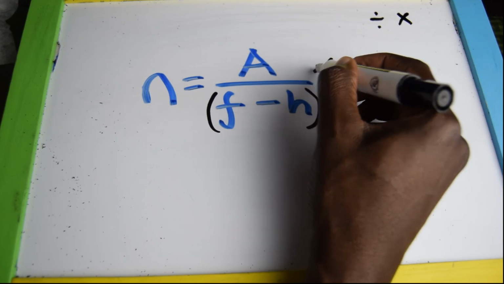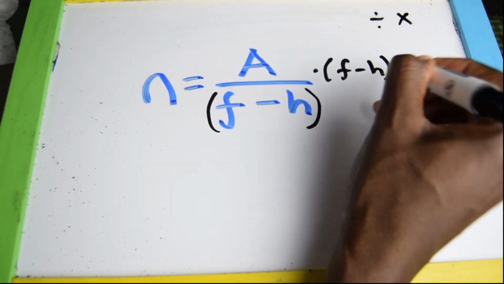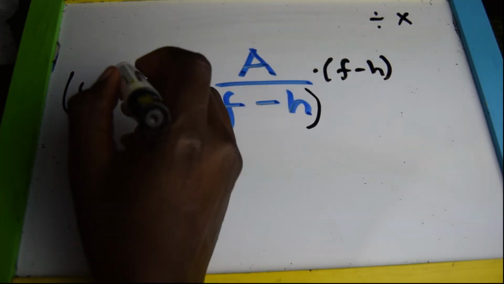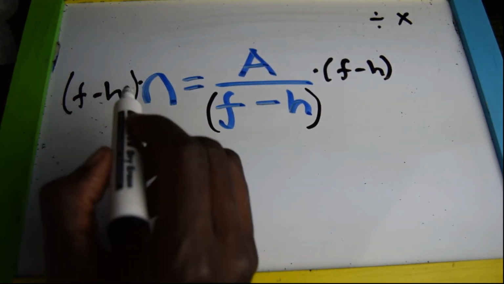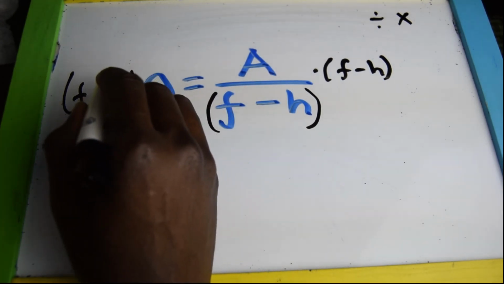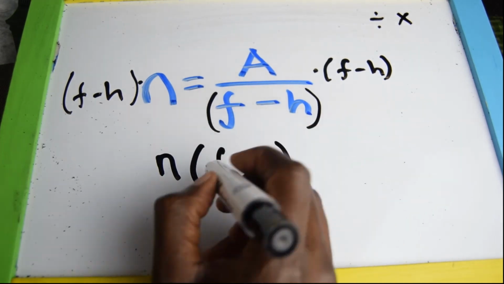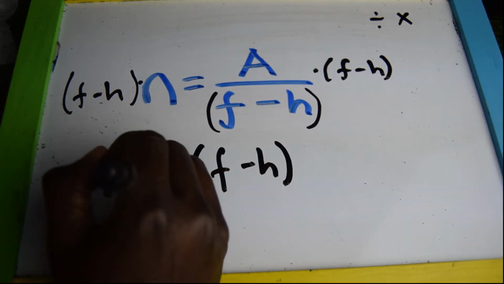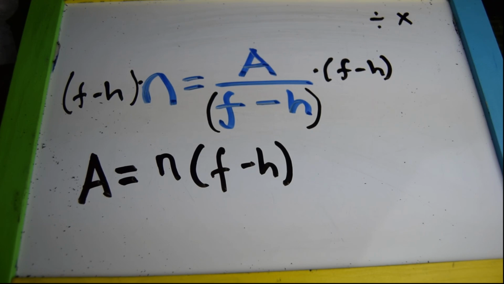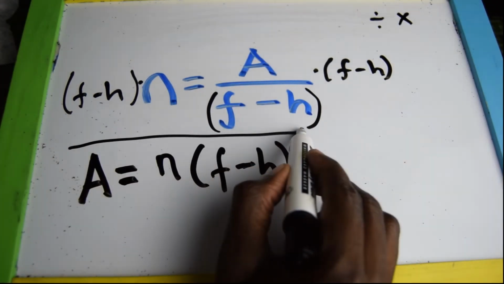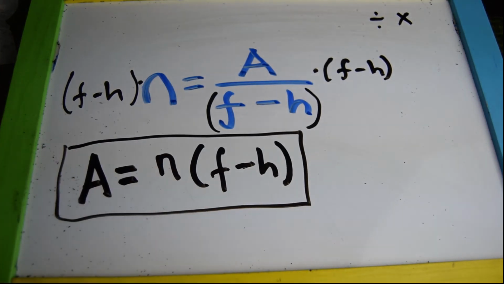So I'll multiply this side by f minus h and this side by f minus h. If you multiply this side by f minus h, you get n into f minus h, and this side you get a. So a equal to n into f minus h, and this is your answer. So that's how you solve literal equations in 1 and 2 steps.